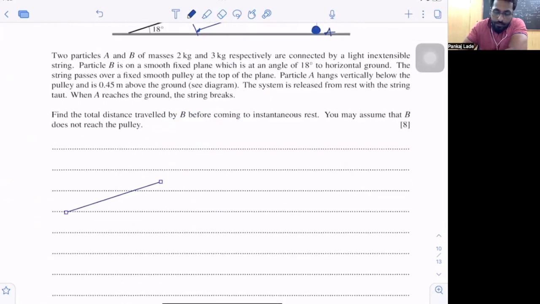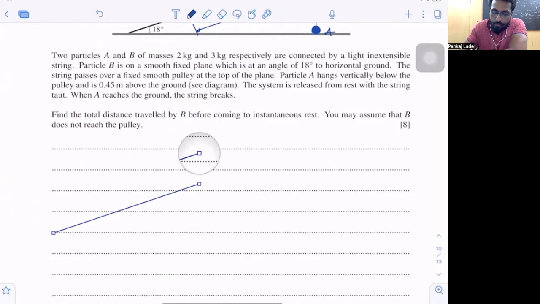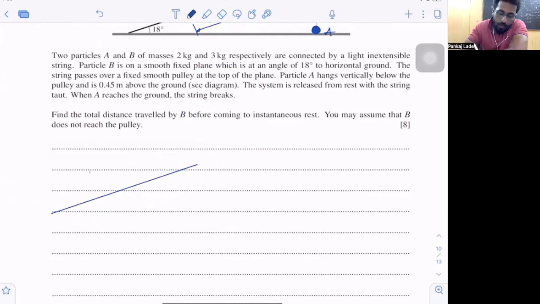So that's my line, and on this line you have particle B resting. Instead of making a particle circular diagram, I'm going to make a block. So I have this block. This is block B.